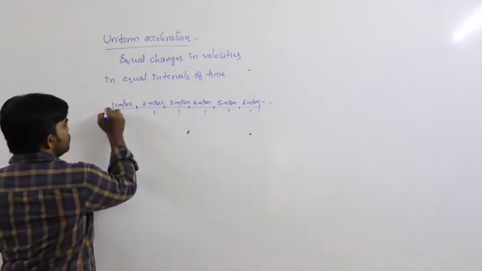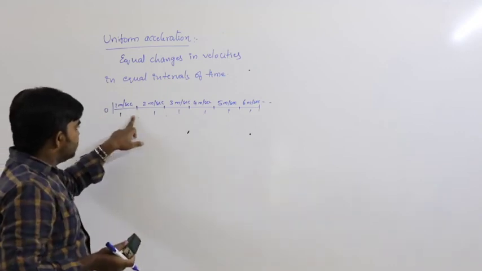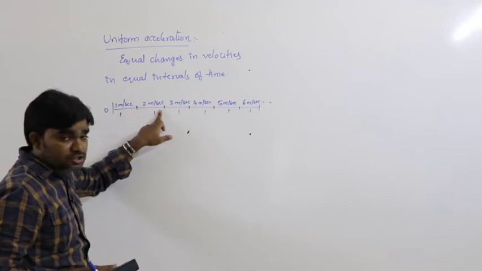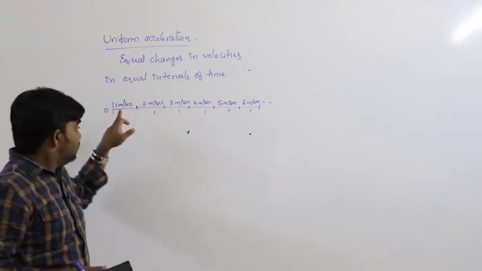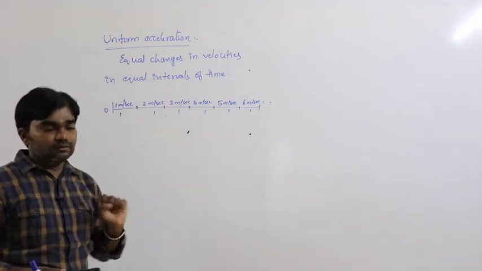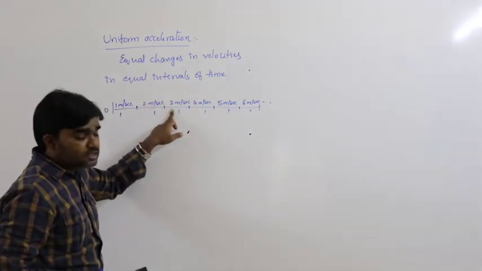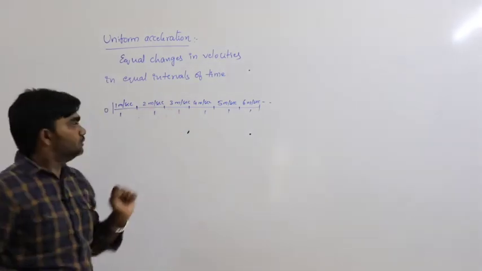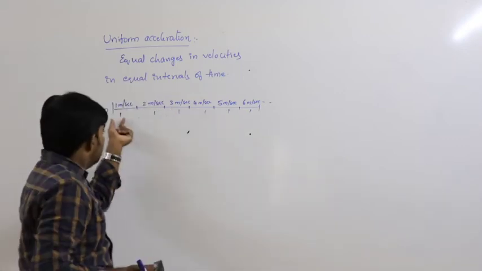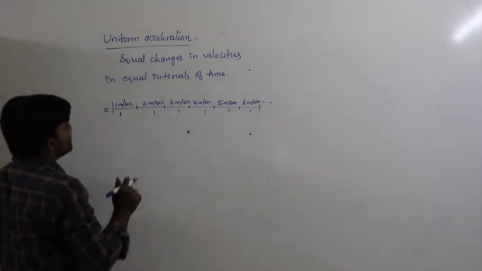Here let us say it is 0 meters per second. In 1 second the velocity changes to 1. In the next second the velocity changes to 2. How much change? 1. Next here it is 2, here it is 3. How much change? 1. Here it is 3, here it is 4. How much change? 1. This is uniform acceleration.